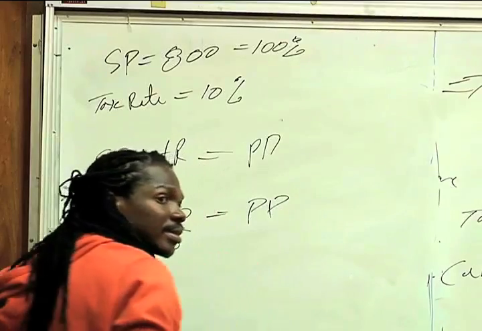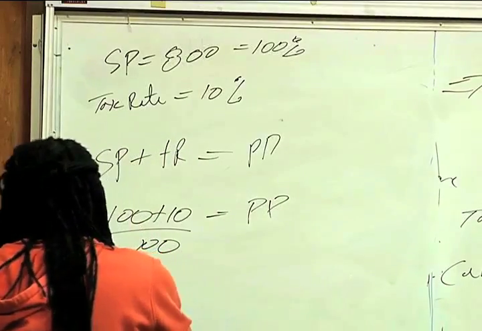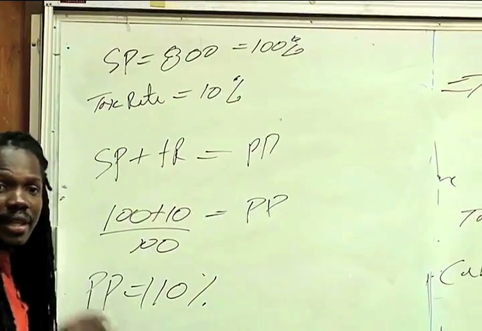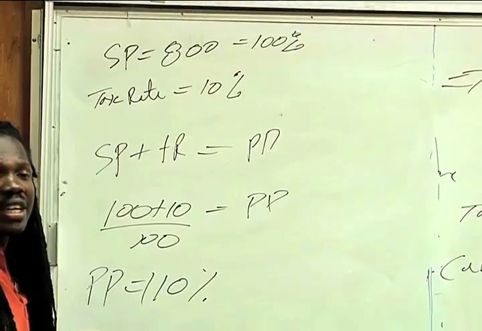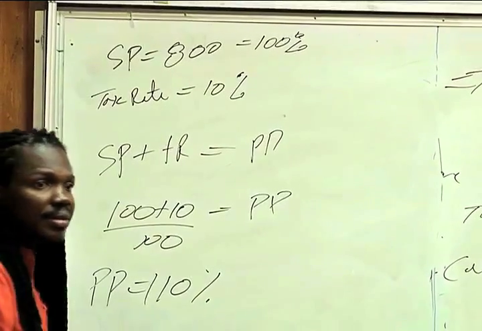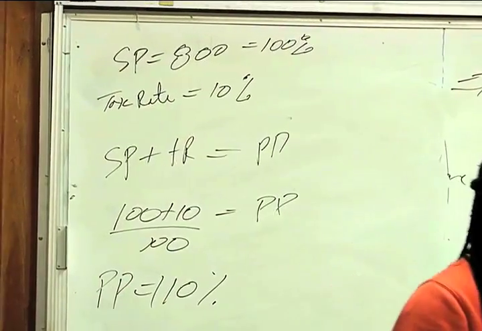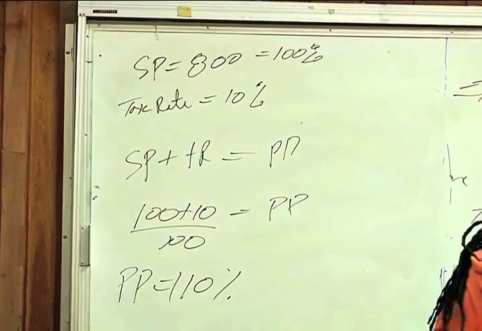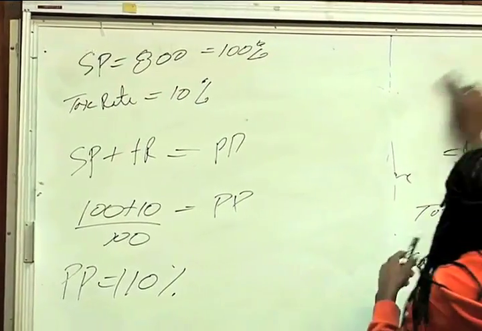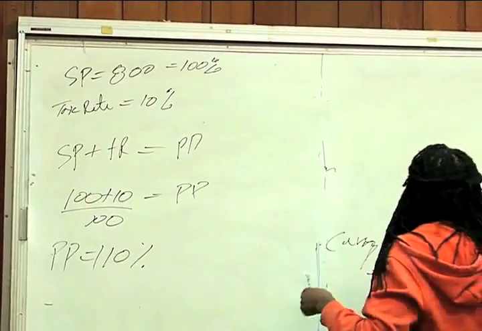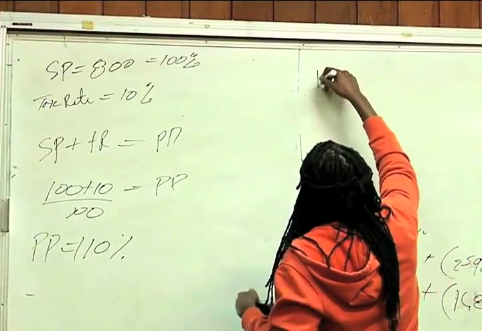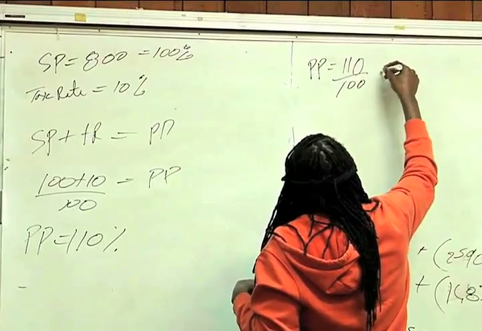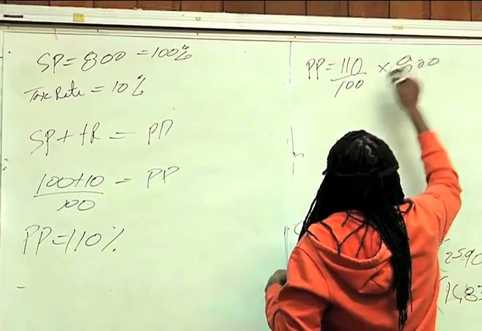So price paid is equal to 110%. You see that? 110% of what? Selling price. So price paid equal 110% times 800.